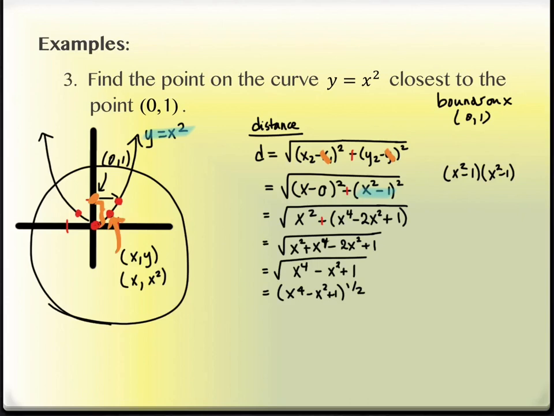So we are ready to do a derivative. D prime. How do you do the derivative? This is the messiest derivative we've done compared to the last two. How do I do a derivative of square root of x to the fourth minus x squared plus 1, to the 1/2? 1/2, what's next?